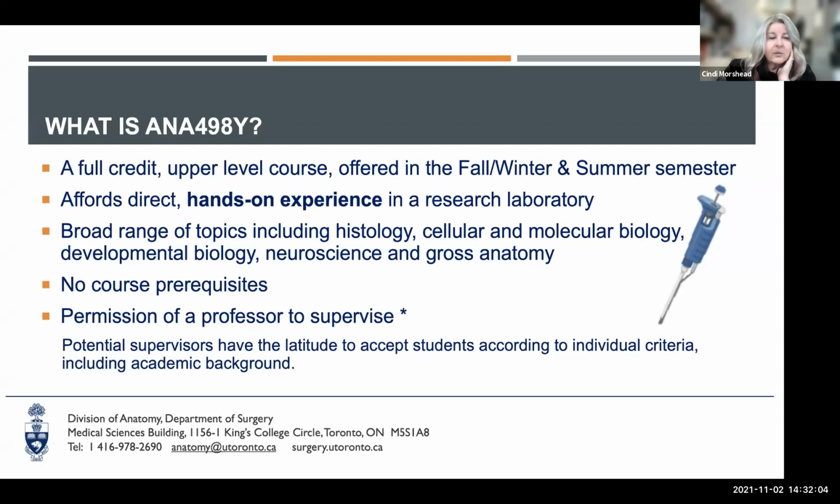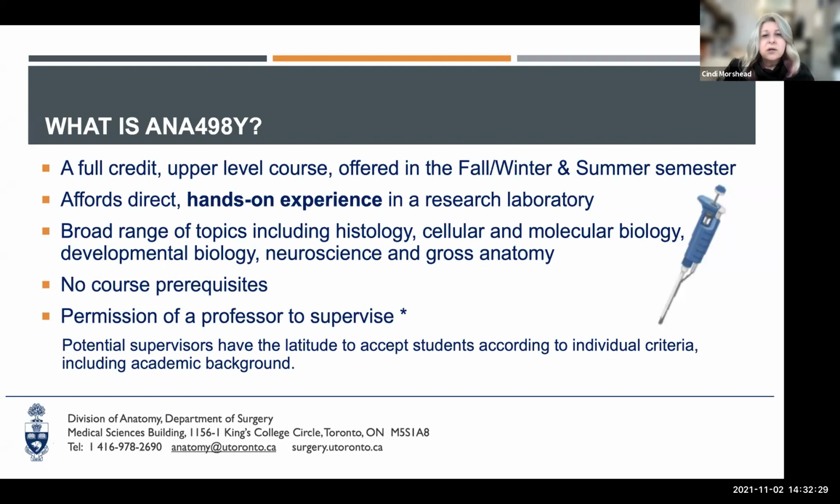So what qualifies for an Anatomy 498 project is really anything within a broad range of topics, which includes things like histology, cellular and molecular biology, developmental biology, neuroscience, gross anatomy. There's a lot of contexts in which we feel that the Anatomy 498 experience can be driven from.